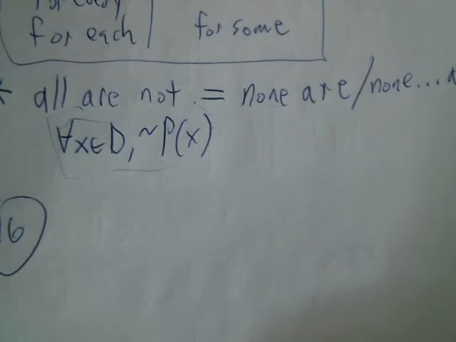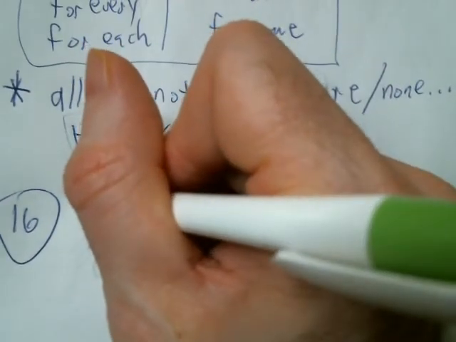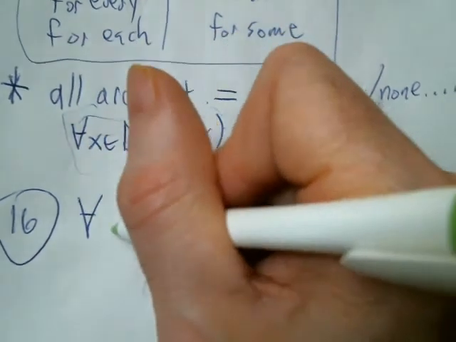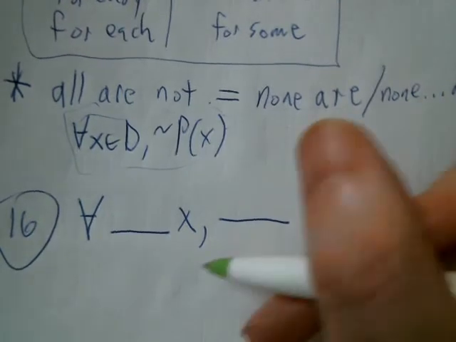Hopefully they're probably not going to be the same as what they are now. Let me look. Number 16. Sure. These are like fill in the blanks. That's the way it'll be online too. Rewrite each of the following statements in the form for all blank x, comma blank. Okay.